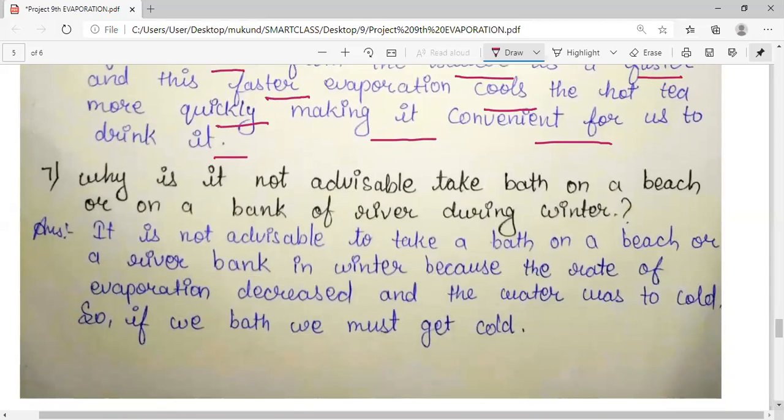Next question. Why is it not advisable to take a bath on a beach or on a bank of a river during the winter?